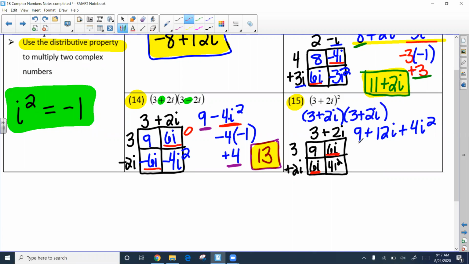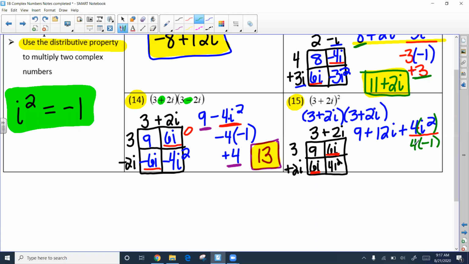So this is where we're at, 9 plus 12i plus 4i squared, but that's not finished. It is correct, just not finished, because the i squared needs to be replaced. And i squared is equal to negative 1.